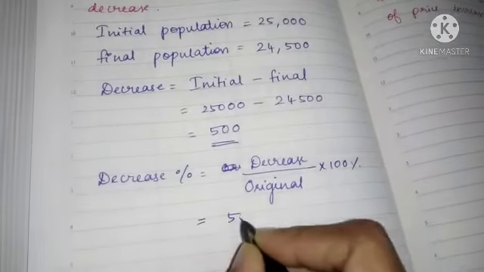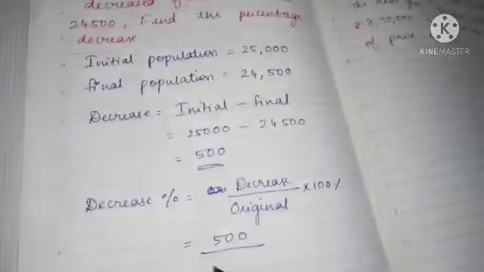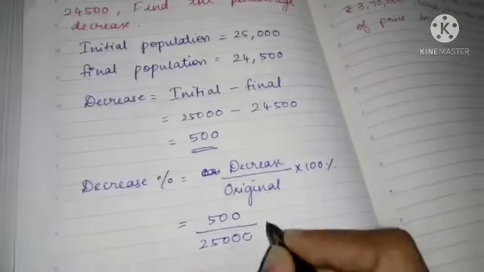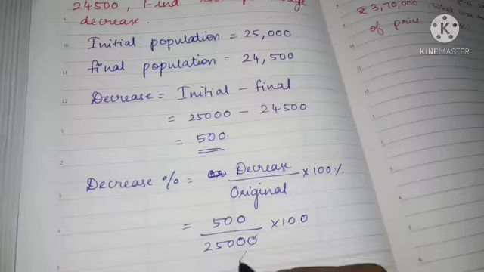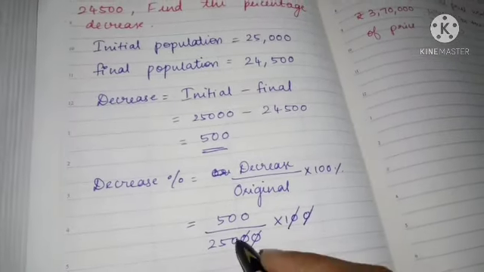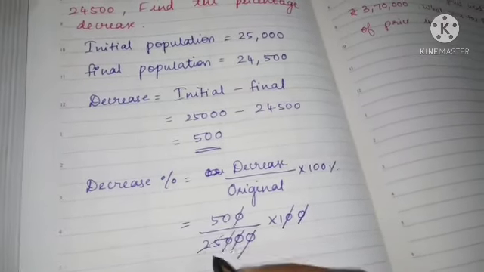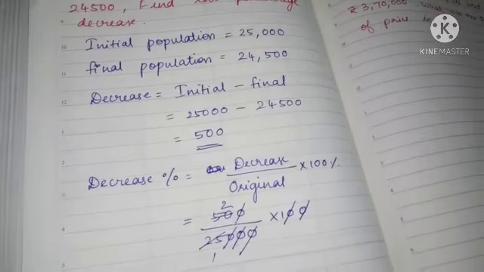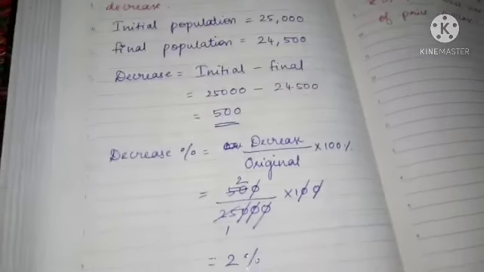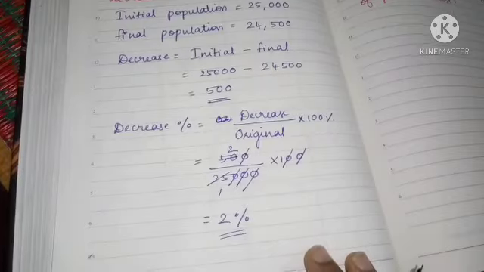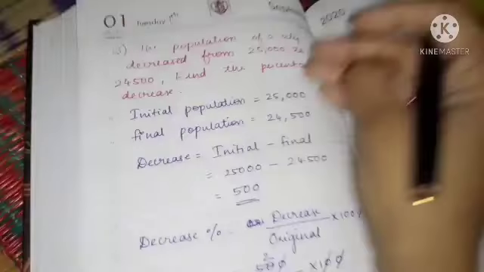What is the decrease? 500 divided by original, which is 25,000, into 100. 0, 0, 0, 0 cancel. 25 ones are 25, 25 twos are 50. So 2 percentage of the population is decreased when compared to last year.